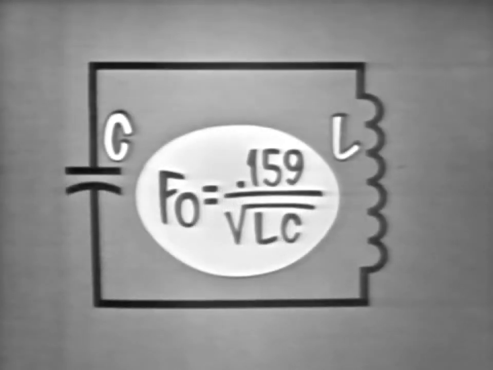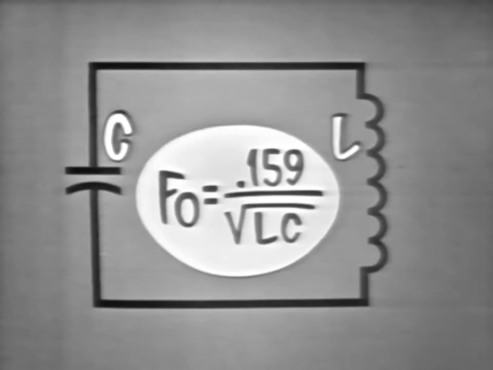In the LC circuit, L and C compare to the rubber bands and the weight, the frequency determining device. And as you recall, the resonant frequency of the tank can be determined by the formula f sub o is equal to 0.159 over the square root of LC. Or very simply, the frequency is determined by the size of L and C.